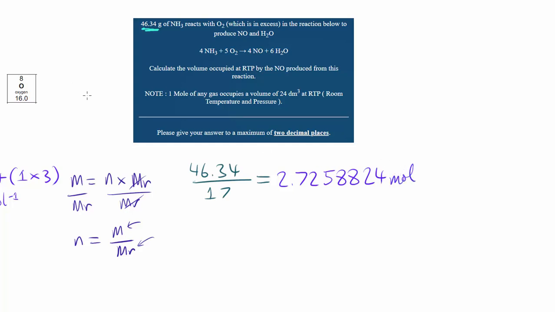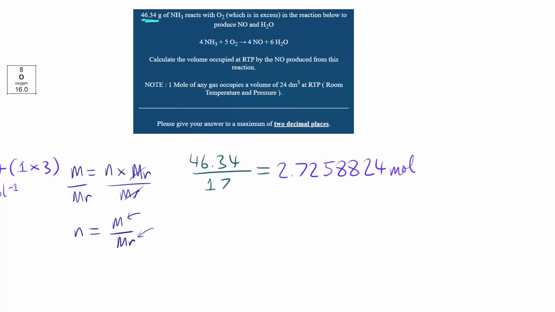Beyond that, we need to compare in terms of the actual equation. For any given number of moles of NH3, what is going to be the number of moles of NO produced? What this balanced equation tells us is that for every 4 moles of NH3, 4 moles of NO is produced.